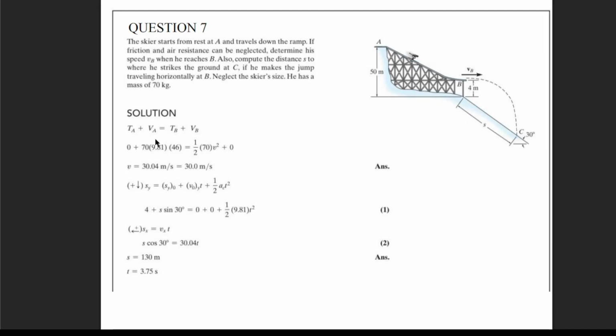So VA minus VB is 46, because we set the datum here: 50 minus 4 becomes 46. The mg is given.